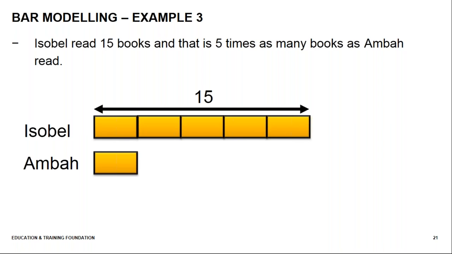And hopefully then they would discover that each block represents 3. But I would get them to do it practically. I wouldn't tell them. I could then talk to them about, well, look, we've got 5 blocks here. Each block is 3. So you could either do a repeated addition or then say, well, how many lots of 3 have you got? 5 lots of 3. And then explain that that could be 5 times 3 written in the abstract.